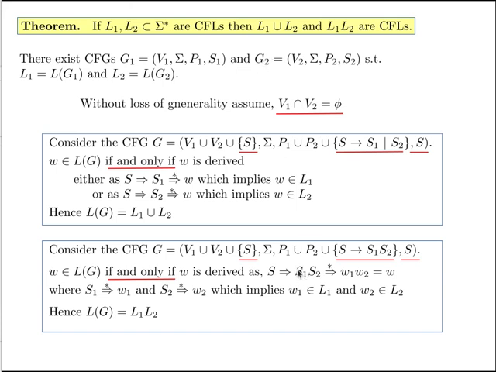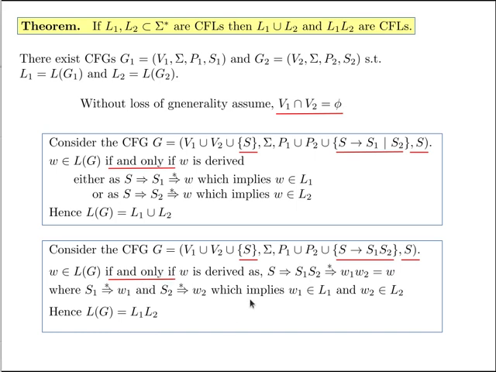So if S1 expands into, say, w1 here, and S2 expands into w2, this means that w1 will be in L1 and w2 will be in L2. So w is a concatenation of two strings, where one is in L1 and the other is in L2, and this happens for all the strings in L(G). So L(G) is precisely the concatenation of L1 and L2.